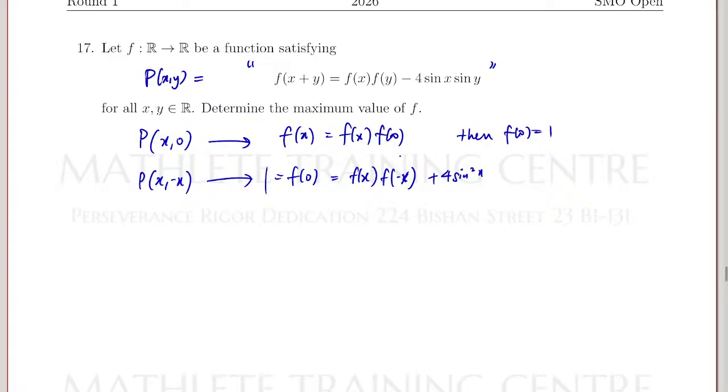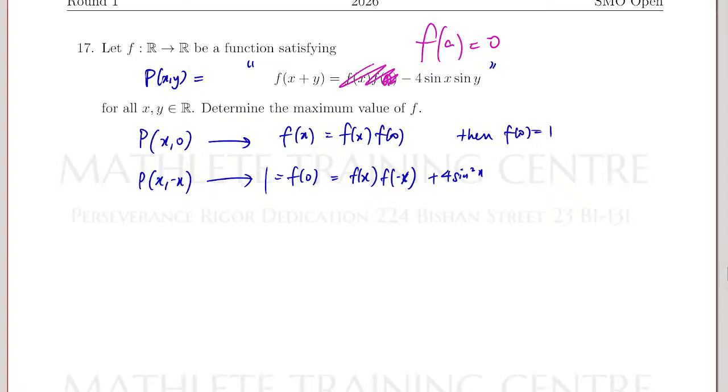To see how to use these equations, if you try to put in most other things, they will become kind of useless. The trick is to realize that if I can somehow make a lot on the right side disappear, it will be nice. How to make a lot on the right side disappear? If, hypothetically, f of something gives you 0 here, then I can put the value a inside here.